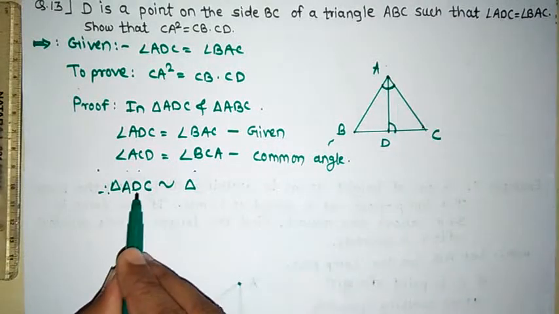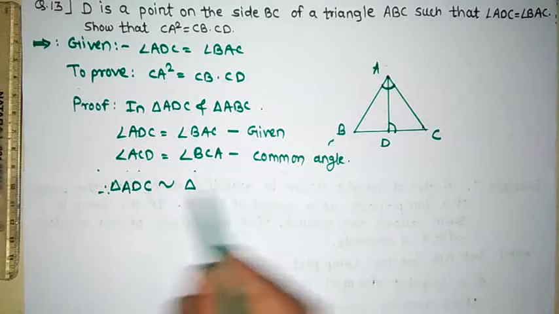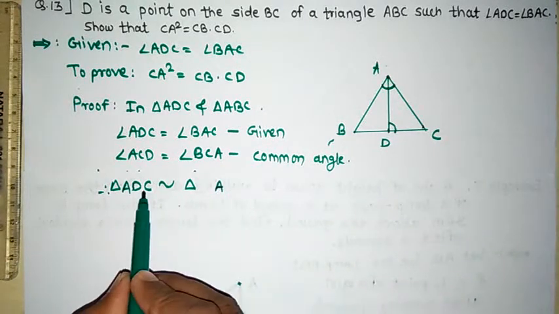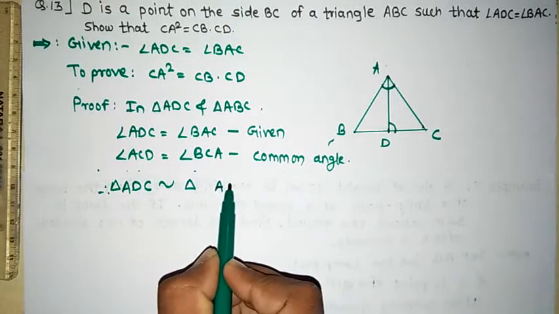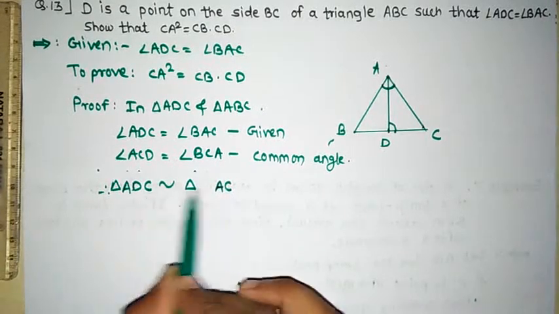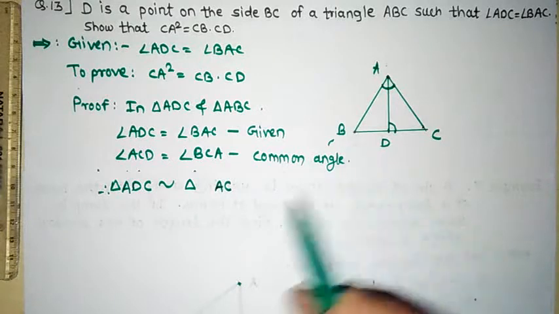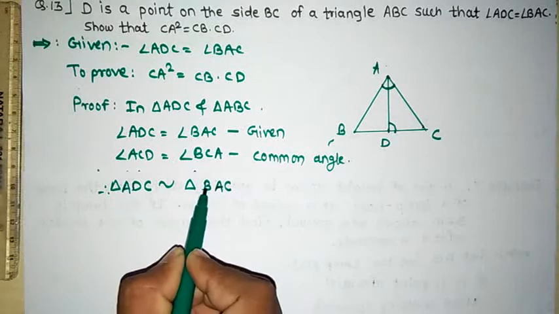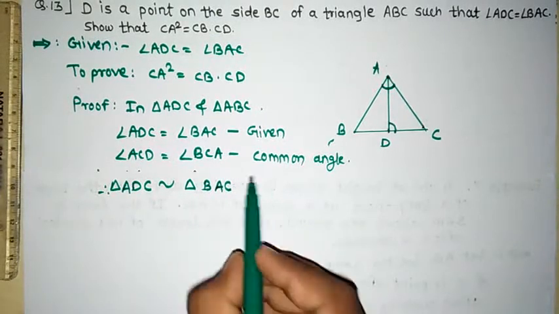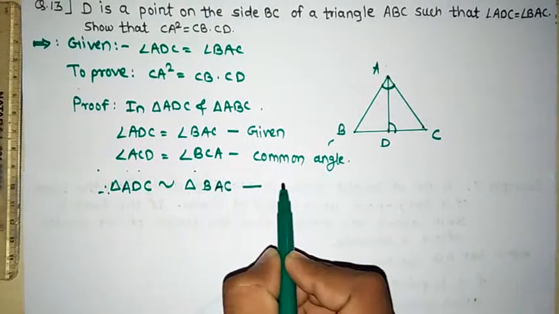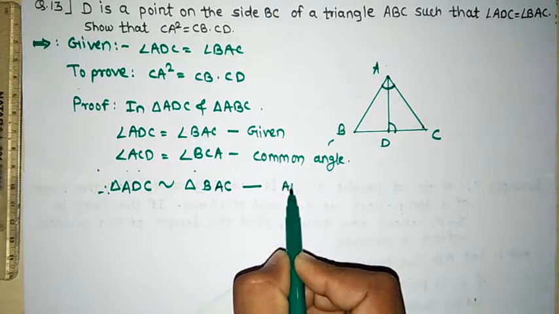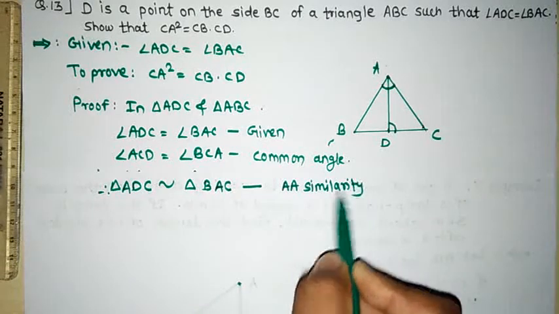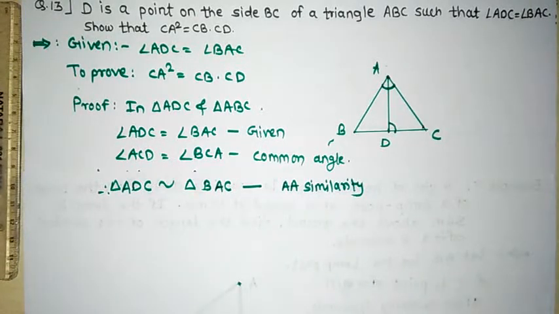Therefore, first we write vertex D, whose respective vertex is A. And vertex C, whose respective vertex is C only, because it is a common angle. And what remains in triangle ABC? Angle B remains, which corresponds to vertex A. So the respective vertex of A is B. Therefore, these two triangles are similar by which rule? That is AA similarity. By AA similarity, we can say that these two triangles are similar.